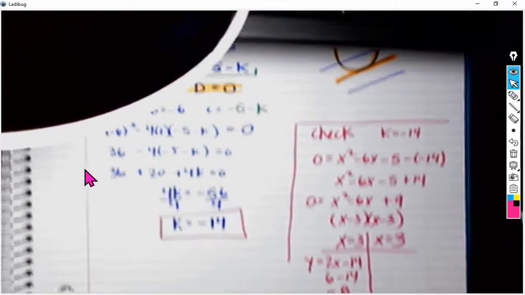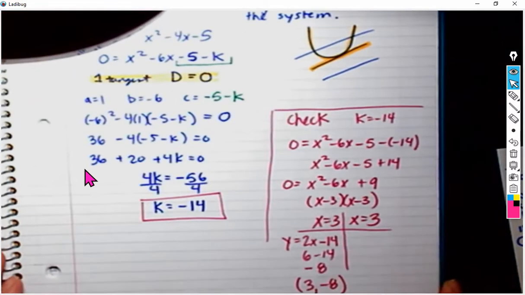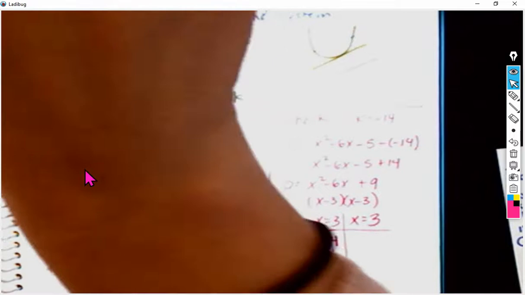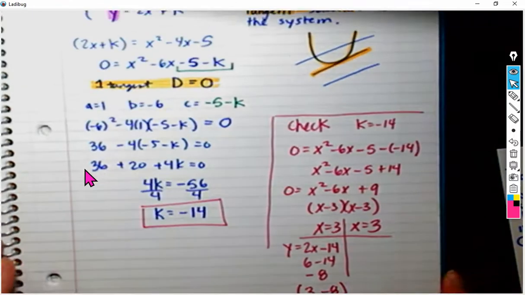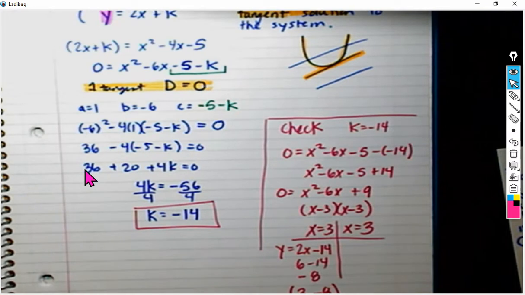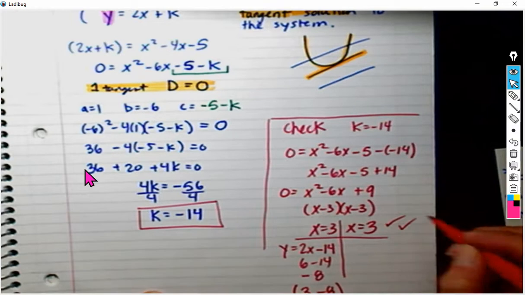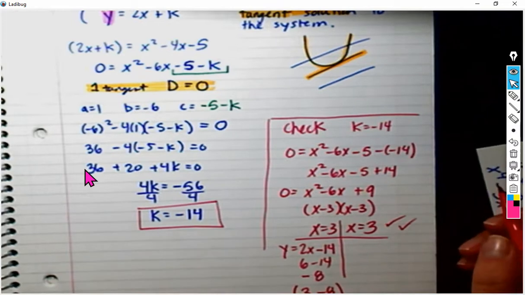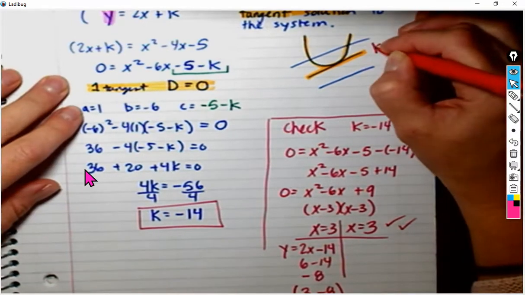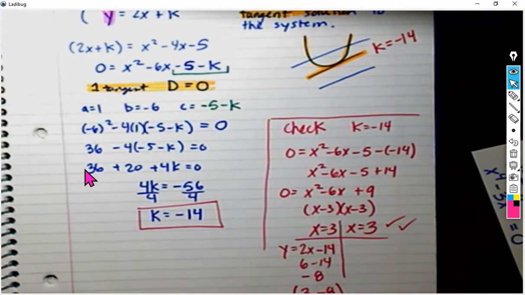The red box was just me checking my work to see if what I did actually gave me what I was expecting. It did. Look at that. Same factor twice. That's a double solution. So right here, k equals negative 14.